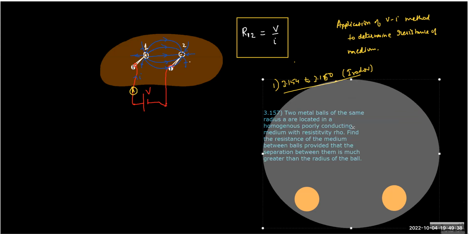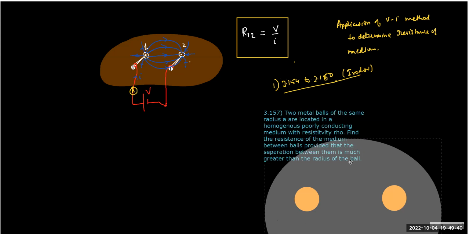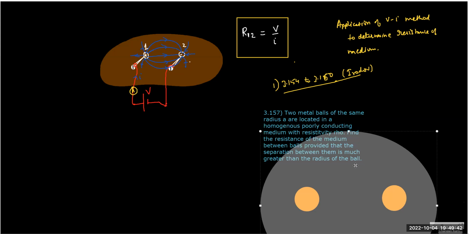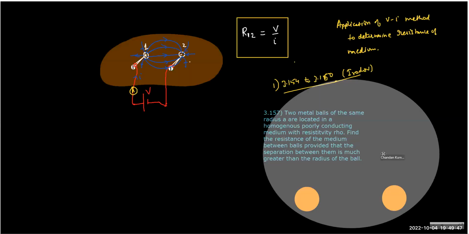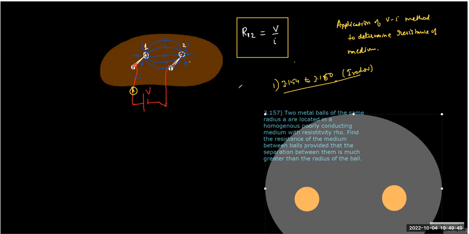It's everywhere. So the question is clear to all of you. Let's say the radius is given in the question, and rho is the resistivity of the medium.